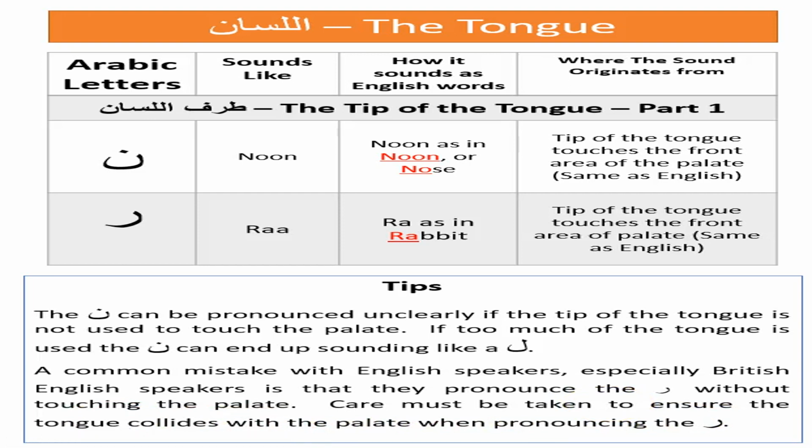If you're a British English speaker or any other English dialect which doesn't pronounce the Ra in a way that you're touching the palate completely, Americans don't have this problem. Americans can read the Ra properly. So it's all others that can have some sort of problem with this. So ensure that you're touching the palate properly with the tip of the tongue to pronounce the Ra.